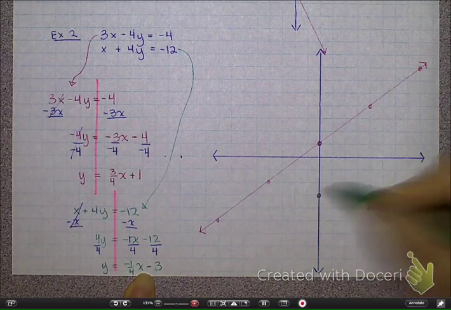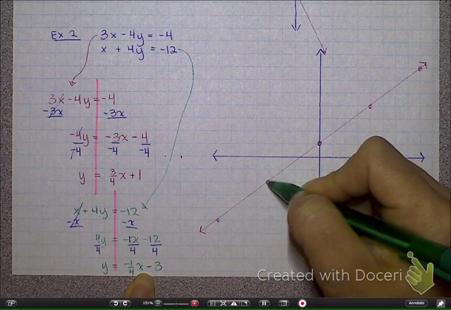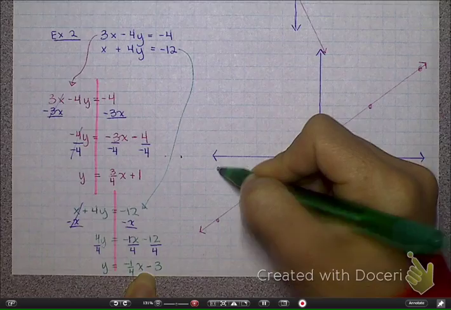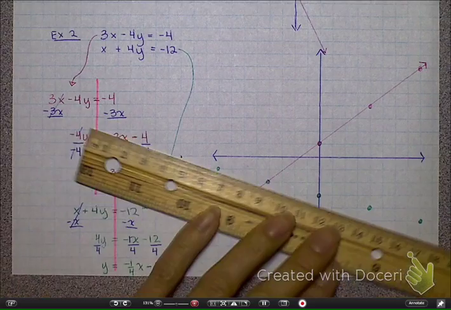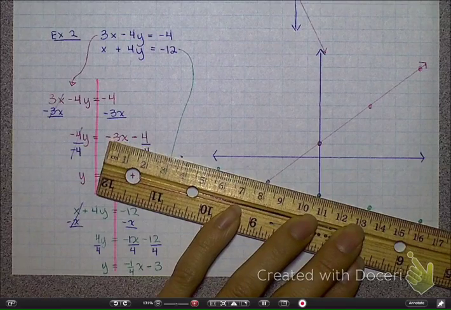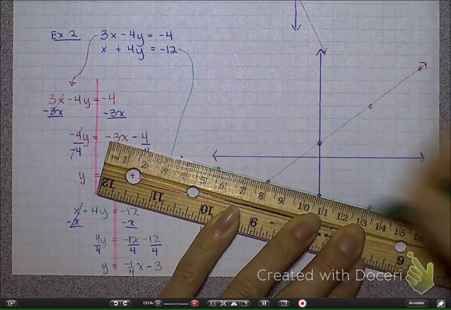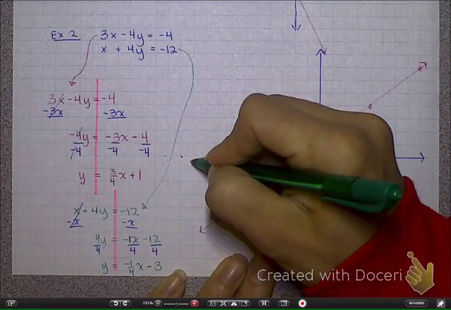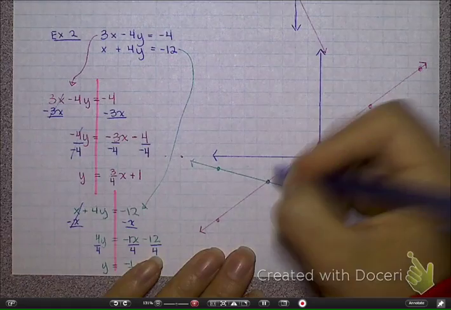So now I can continue the pattern in the opposite way, so up and to the left, and up and to the left. Okay?